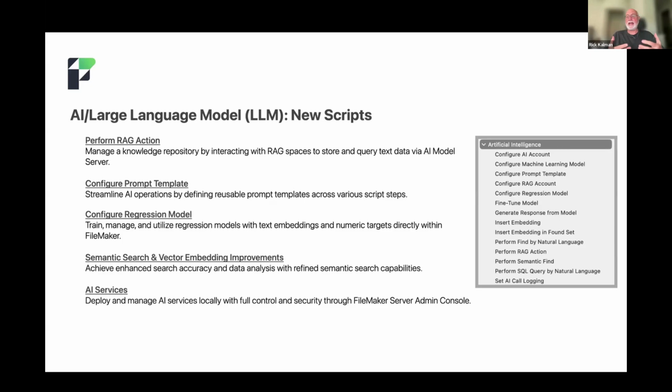And then we introduced AI services, and I think Doug will talk or show some of this later as well. This is a bit different in that it is a new tab in the server admin console called AI services that allows you to spin up your own local models. You go to Hugging Face, download a model, and run it.